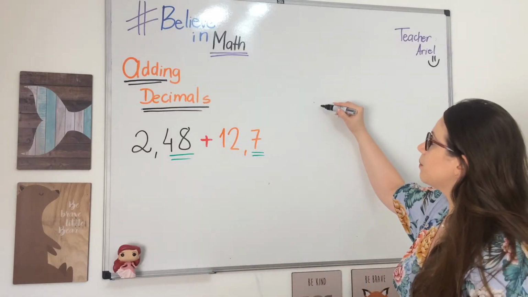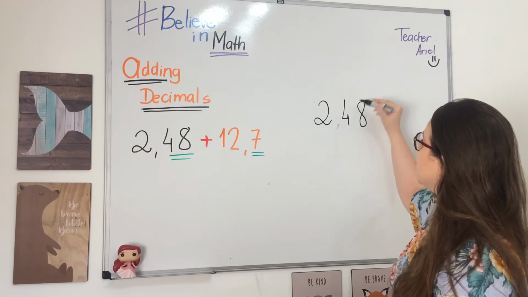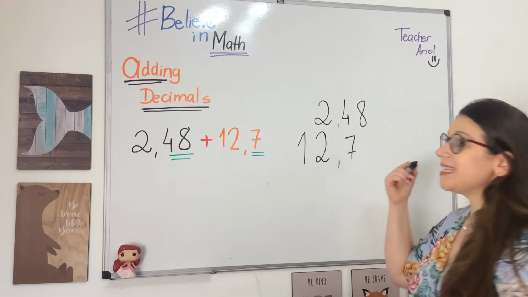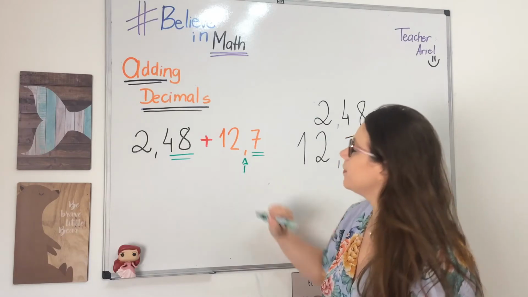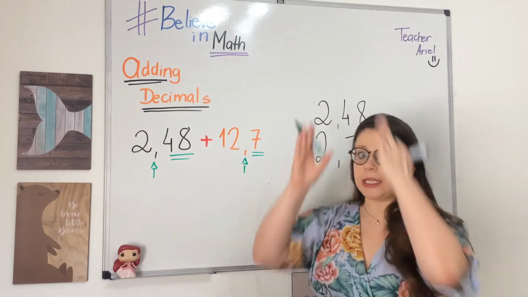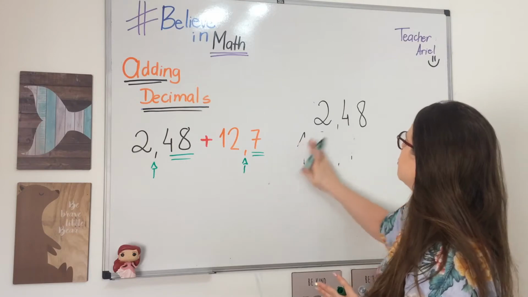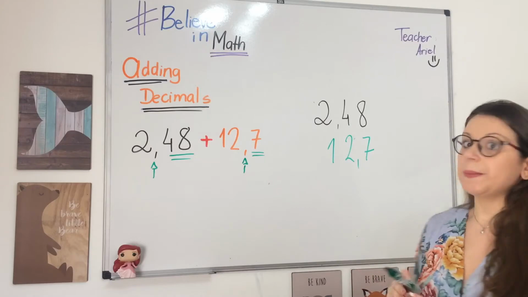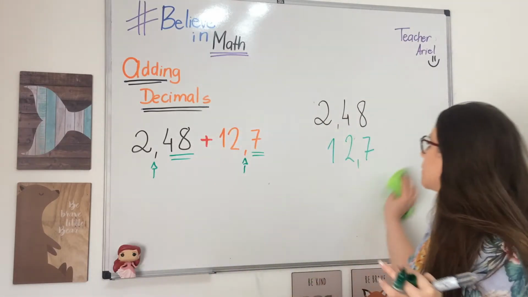So the moment that I put my numbers on the vertical and I organize them on the vertical, it is easier to see that this decimal point needs to be in the same direction of this decimal point. It is the same gate. You need to be careful to not do this though. Be careful, okay? Decimal point goes under decimal point.